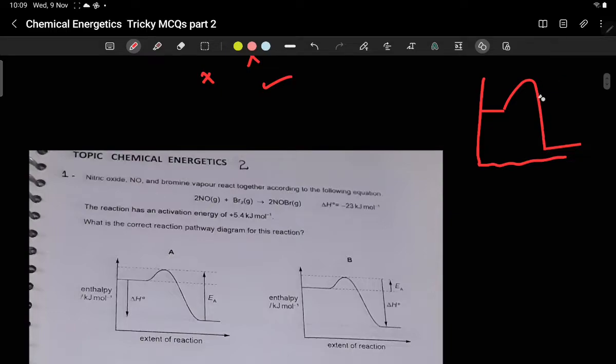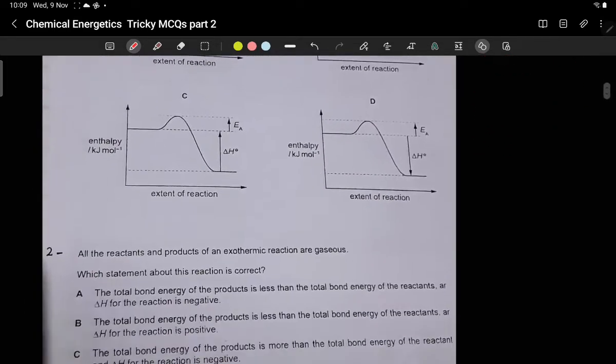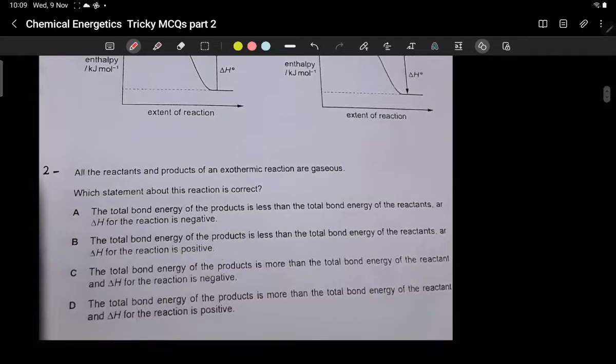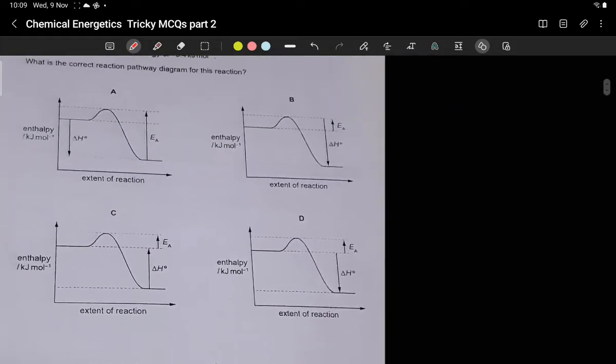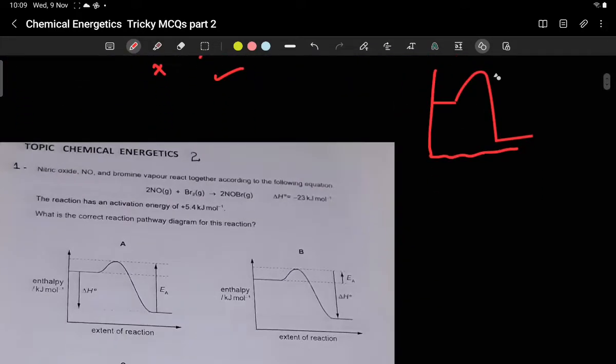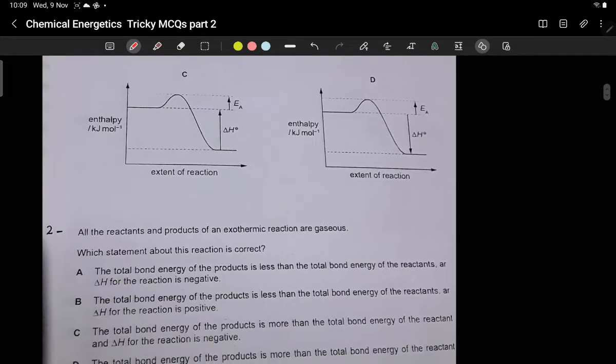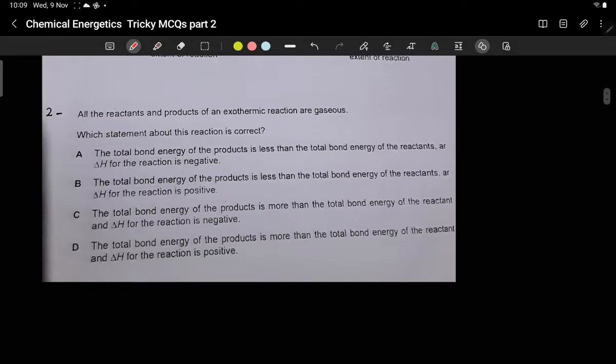So the total bond energy of the product is more than the reactants. So this is the correct option.